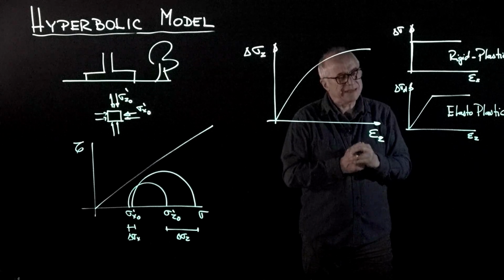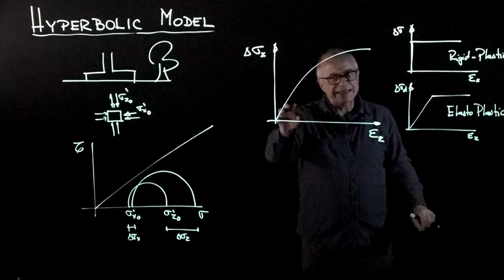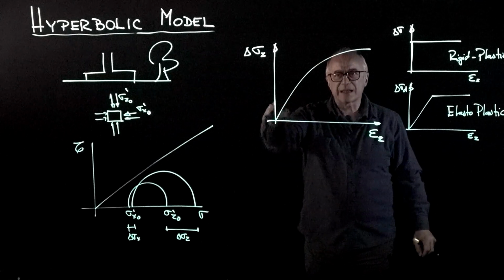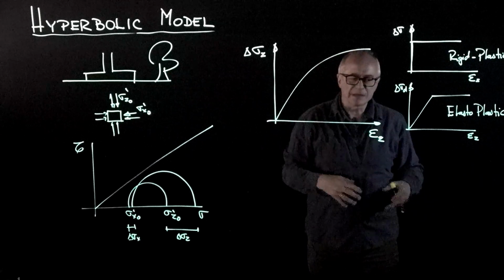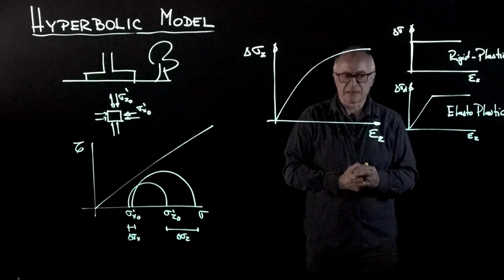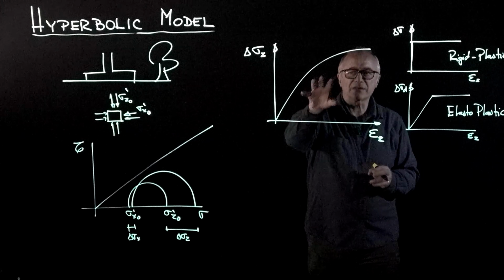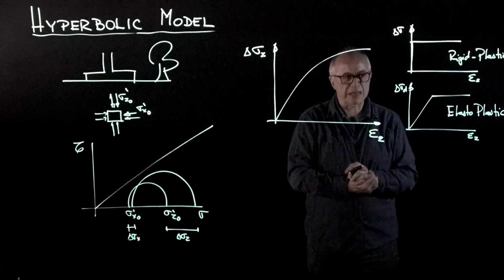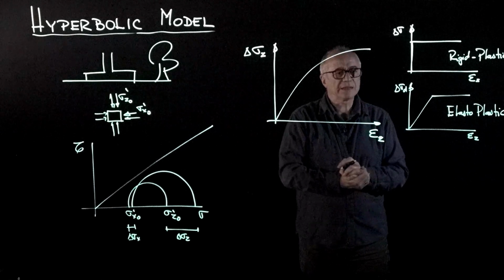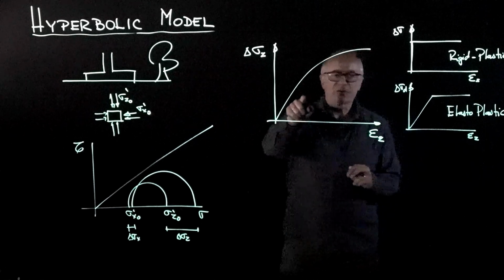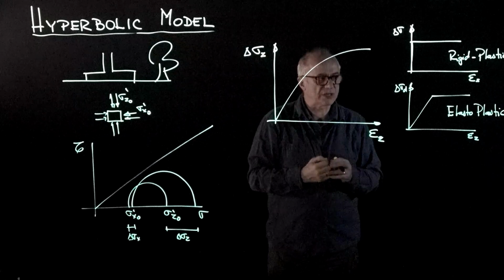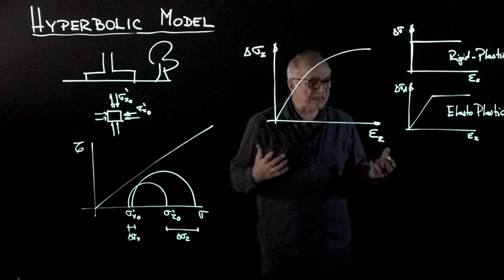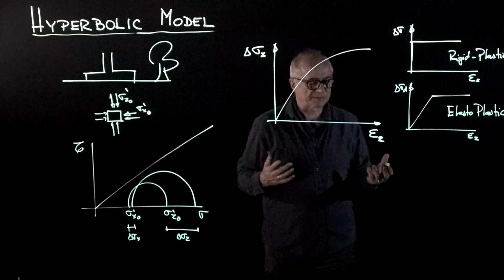But in some cases, the details of the transition from the elastic regime to the plastic regime begin to gain relevance, and so we really would like to have the full shape of the stress-strain behavior. And therefore, we go back to this stress-strain relationship, and we're trying to find also simple models to capture it.